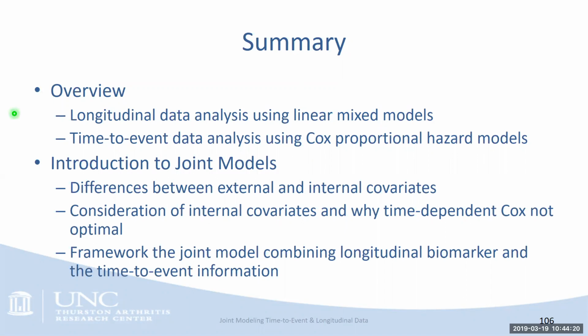We talked about the differences between external and internal covariates and how that might bring you to consider something beyond the time-dependent Cox model, since it might not be optimal when you have internal covariates. And Liubov went over the framework of the joint model with a walk-through example, combining a longitudinal biomarker and time-to-event information.